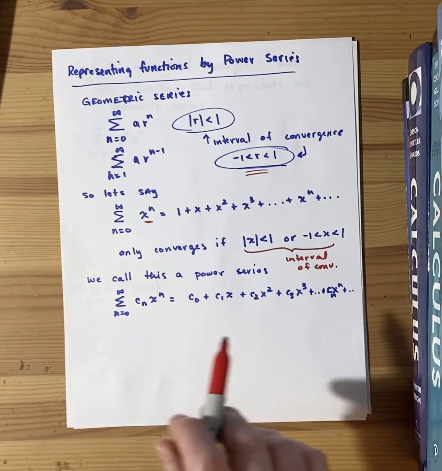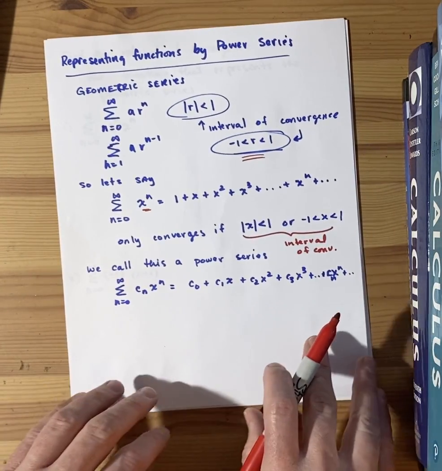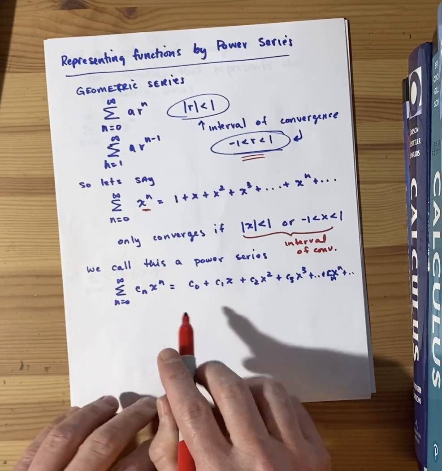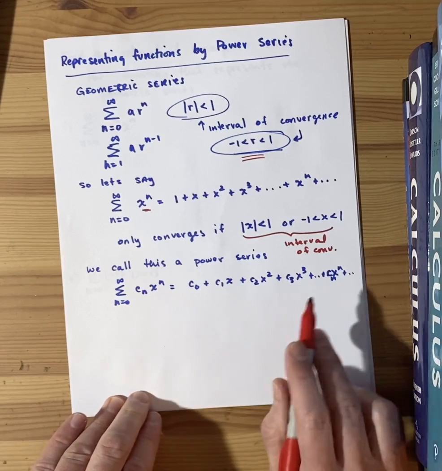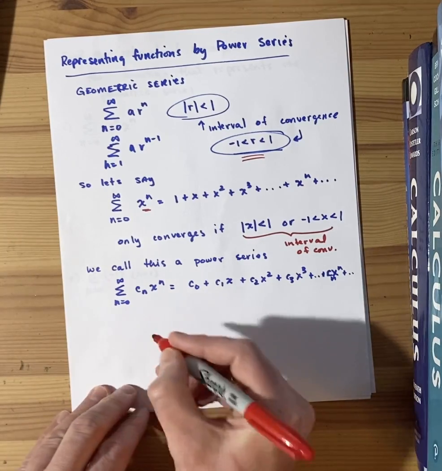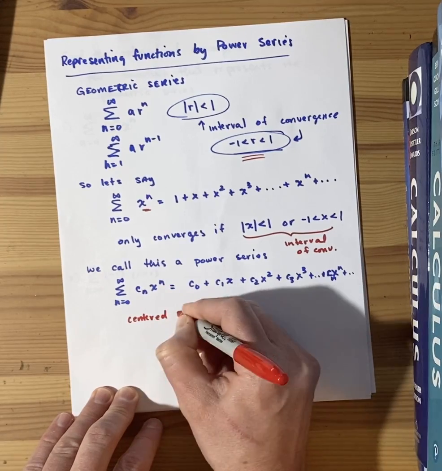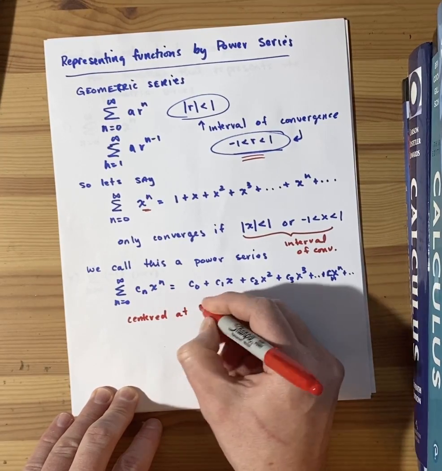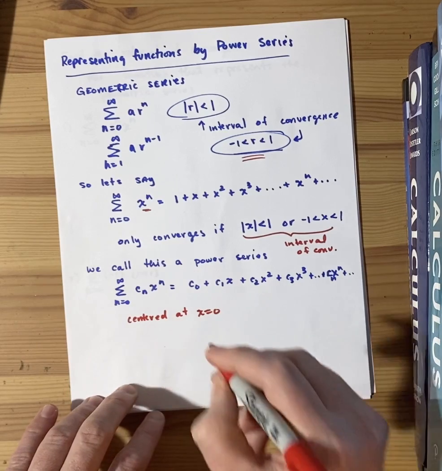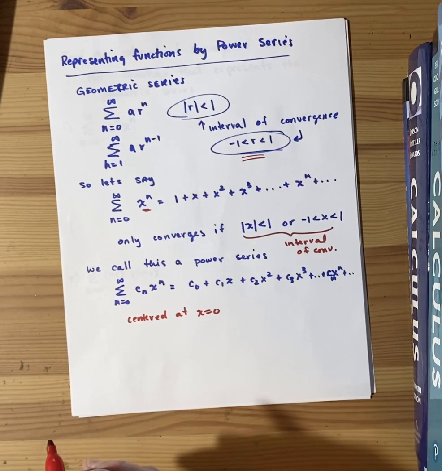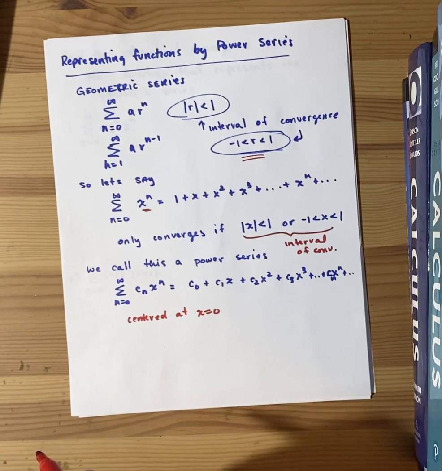Now what I want to talk about real quick with the power series is that, if you notice the way it looks here, we consider this centered at 0. What that means is, say, for example, you're looking at different functions and how we're going to represent them.